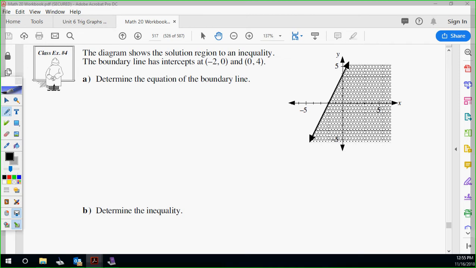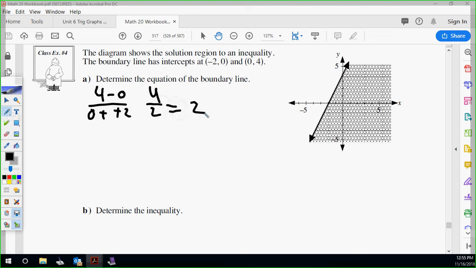So what we have to do is, you have 2 points. How do you find the slope? Rise over run. So it's y minus y over x minus x. 0 minus 0, then 4 over... 0 minus a -2 is plus 2, so 4 over 2.